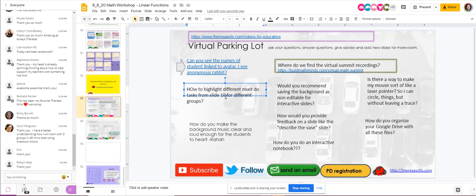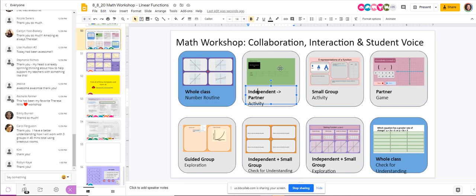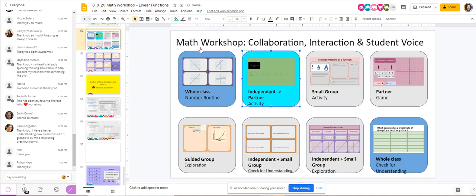Somebody asked, how do you highlight the different must-do, can-do tasks? If I go up to slide 50, this slide is comprised of some shapes. It's also comprised of pictures and text. When I do the must-do, can-dos, I click only on the shape, and I go to the fill bucket and use the fill button.